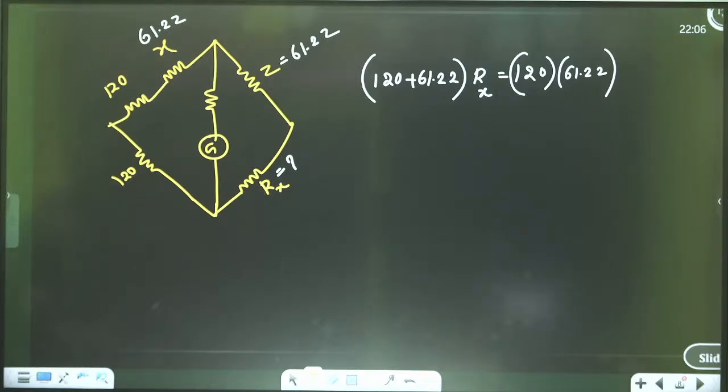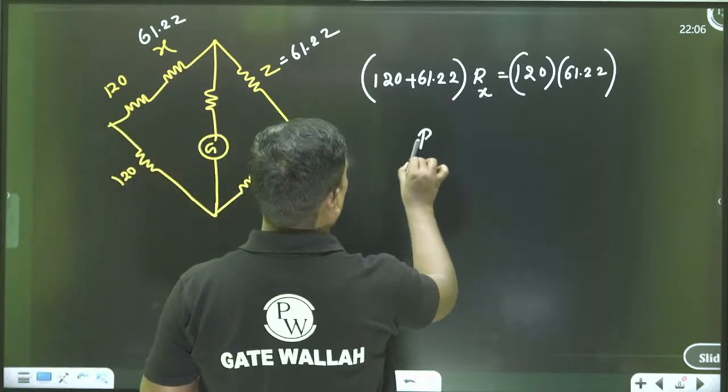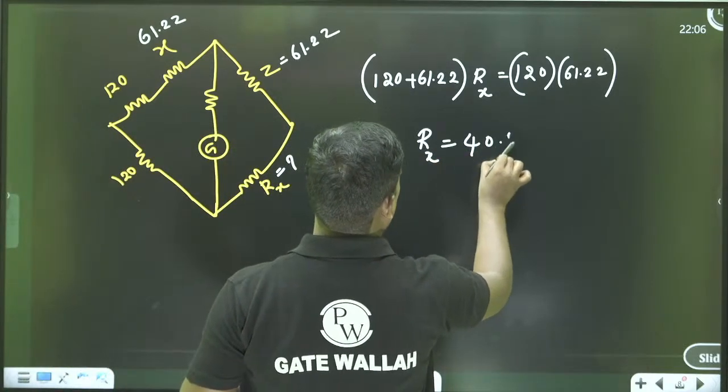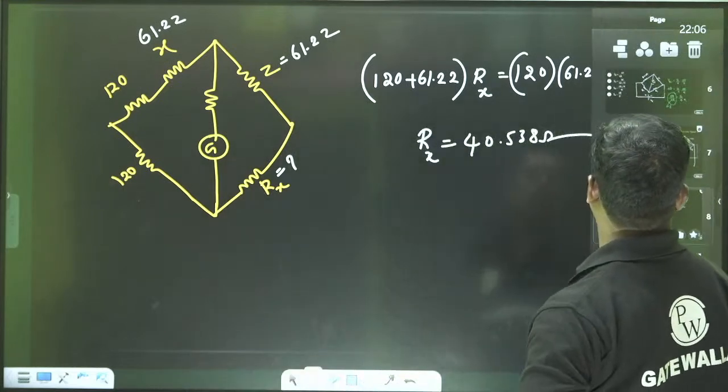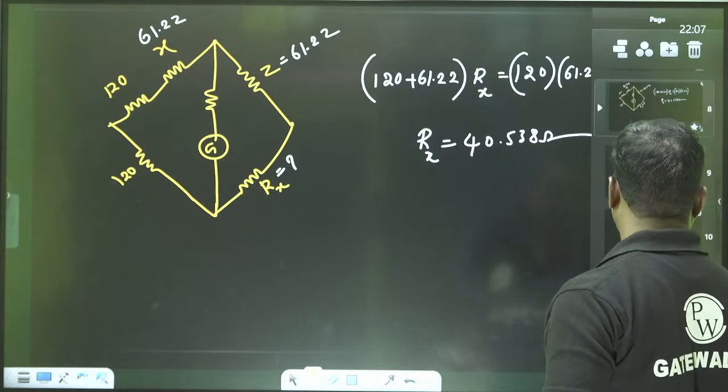Please verify your answers. If any mistakes are there, let me know. So how much are you getting? It is coming around 40 point something. Yes, so Rx is 40.538. That's it. Let us go for the next question.